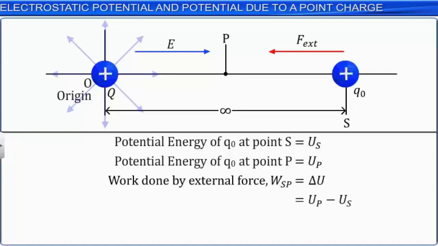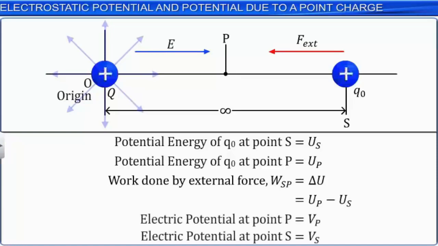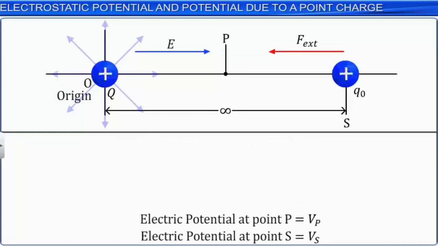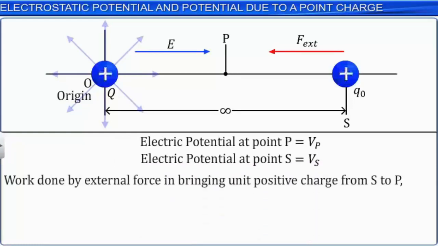If VP and VS denote the electric potentials at points P and S respectively, then the work done by the external force to bring the unit positive charge from S to P is equal to VP minus VS, which is in turn equal to UP minus US by Q naught.